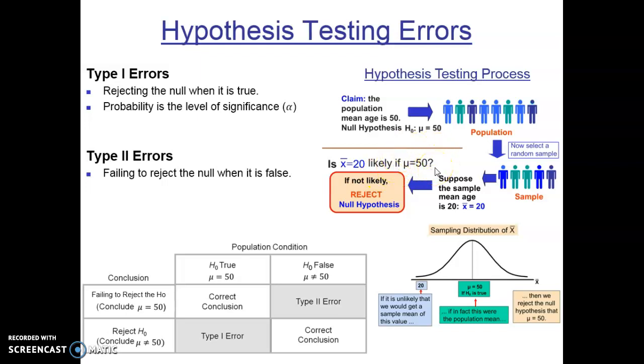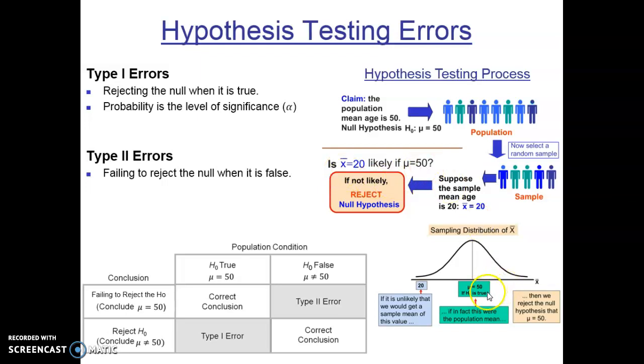Well, of course, we would do our statistical analysis using either the critical value approach or the p-value approach. But let's say we do so and we end up rejecting the null, which essentially means that based on our sample mean, it is not likely that 50 is the true population mean.